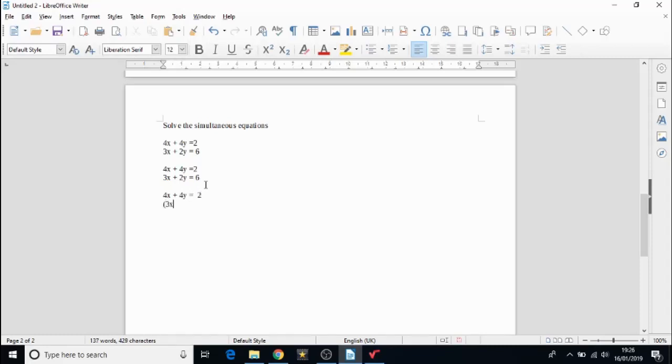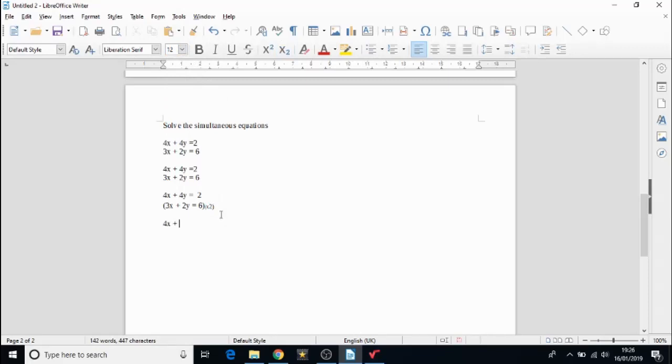So we're going to put in brackets 3x plus 2y is equal to 6, bracket, multiplied by 2. So that's multiplied by the whole equation. Multiply by 2.